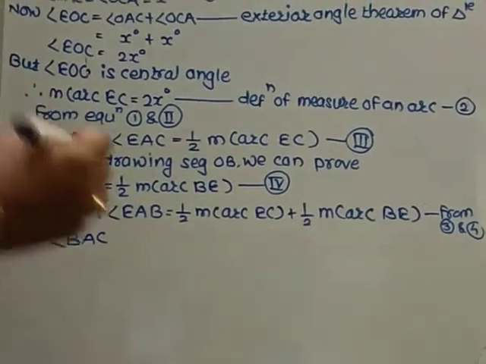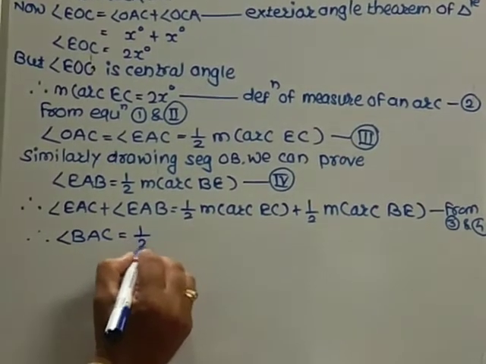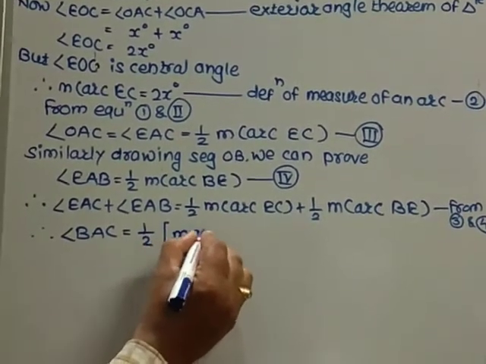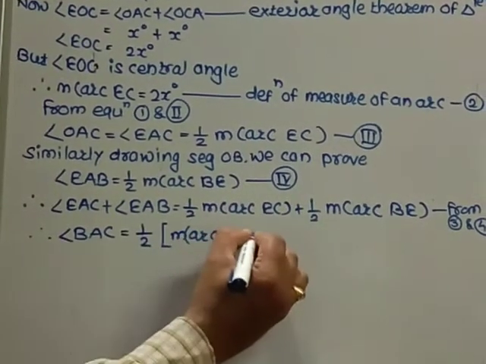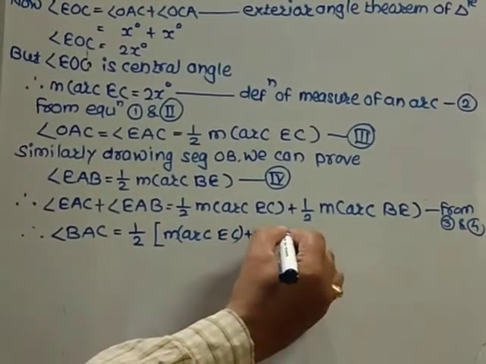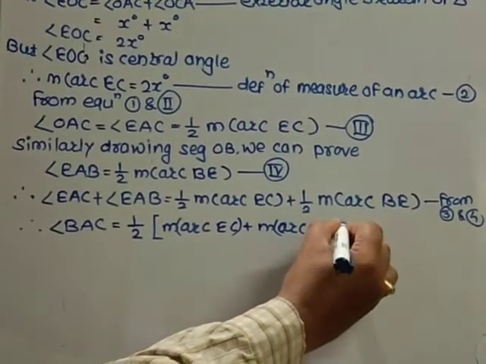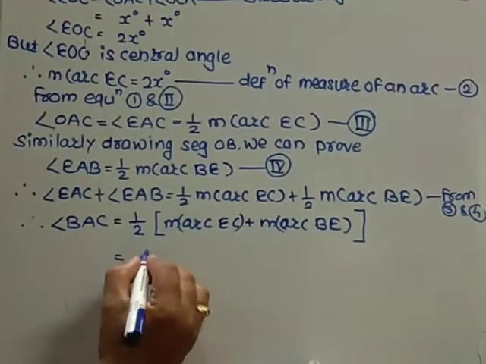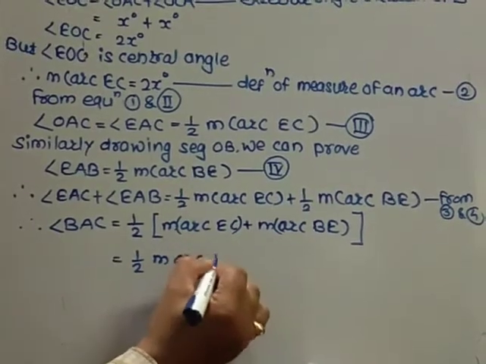Angle BAC is equal to half, in brackets, the measure of arc EC plus the measure of arc BE, that is equal to half of the measure of arc BEC.